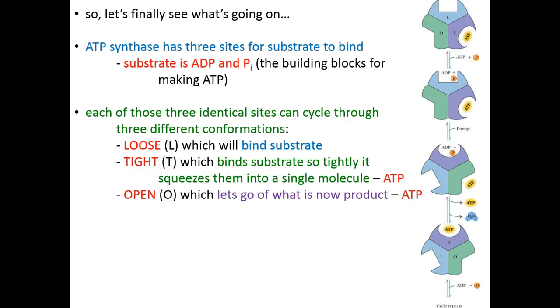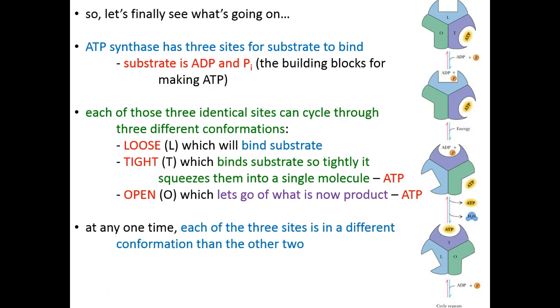And then there is the open site, or O, where that newly made ATP product is released back into the mitochondria. And that's it. That's the story. At any one given time, each of the three subunits are in three different states, loose, tight, and open. And as protons flow through the F0 region, and the F0 region spins, it drives each one of these subunits to cycle through loose, tight, open.